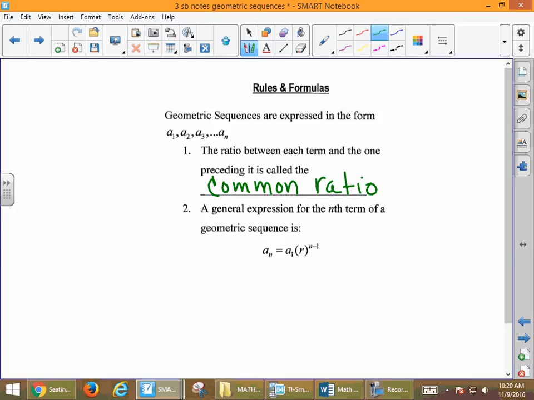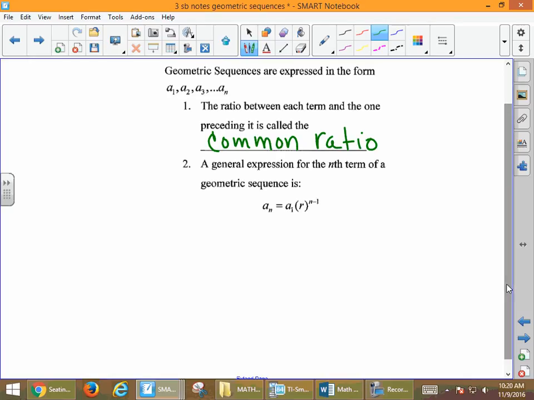And the formula that we're going to use today to find the nth term in a geometric sequence is going to be a sub n equals a sub 1 times r, our common ratio, to the n minus 1. A sub 1 is still our first term, and r is our common ratio, and n is how many terms we're looking for.